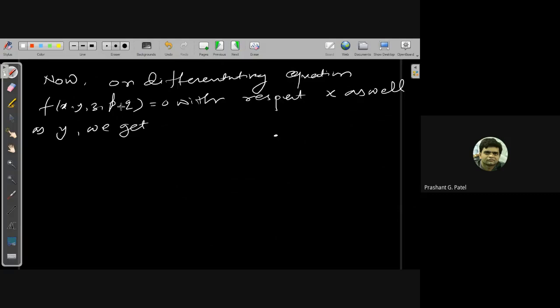So when I differentiate with respect to x, we have del f upon del x into dx by dx, which is 1. For the y and z terms, it will be 0. We have del f upon del p into del p by del x plus del f upon del q into del q by del x equal to 0.